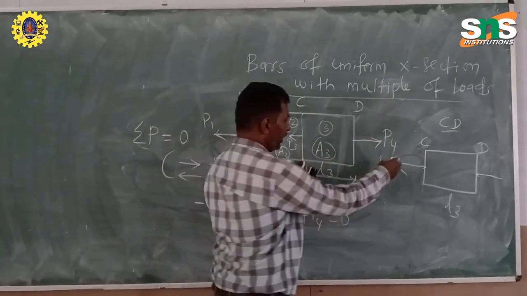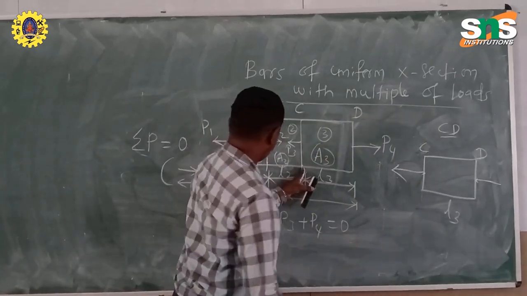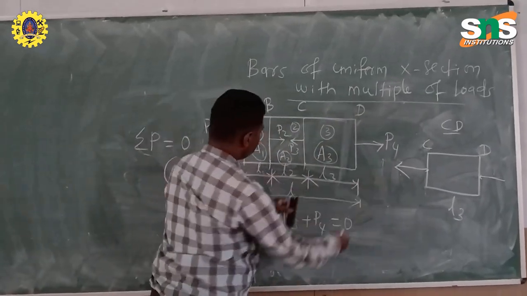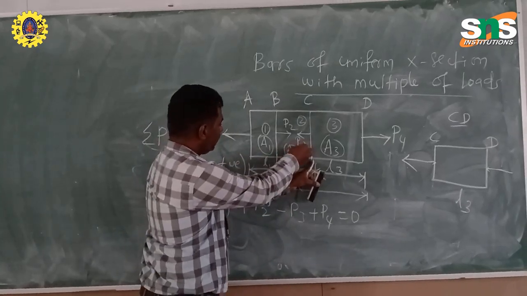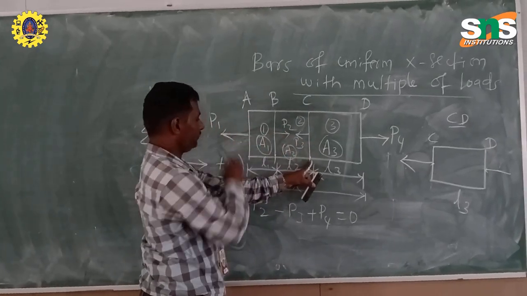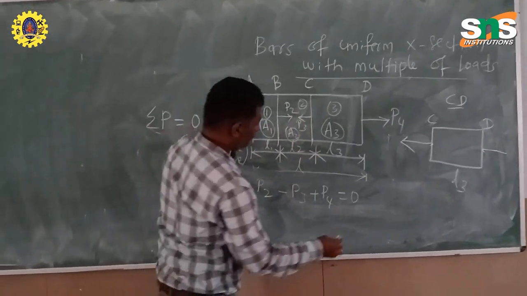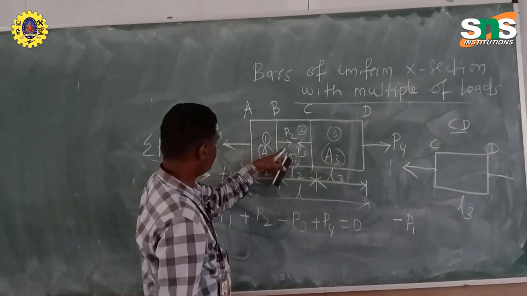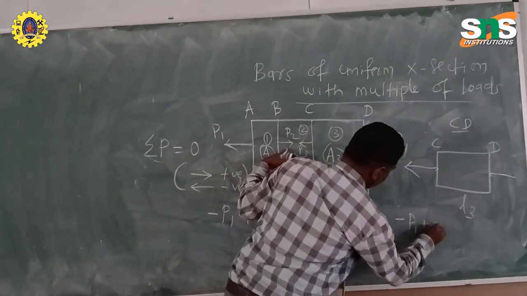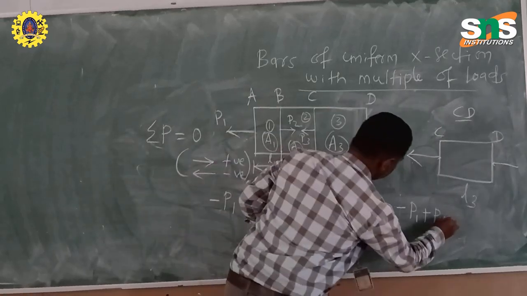Now I am going to find what load is acting at C. My aim is to find the load at C, so you just follow up to C here. You will have P3, P2, P1. P1 towards left is a negative value, P2 towards right is a positive value, and P3 towards left is negative.